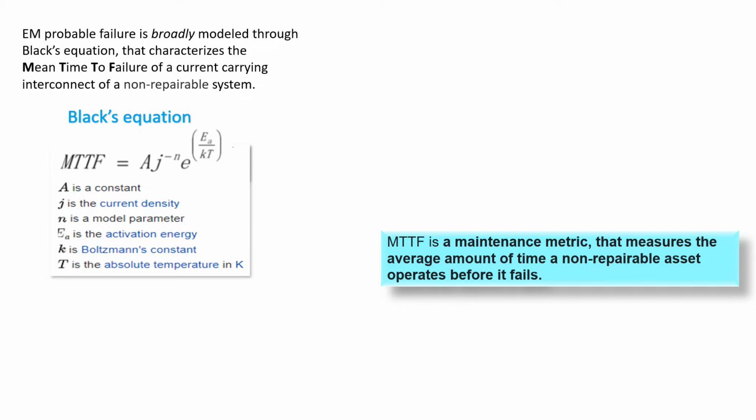A is a constant, J is current density, n is a model parameter which is usually 2, but it can range from 1 to 2. EA is the activation energy, K is the Boltzmann constant, and T is the absolute temperature in Kelvin.